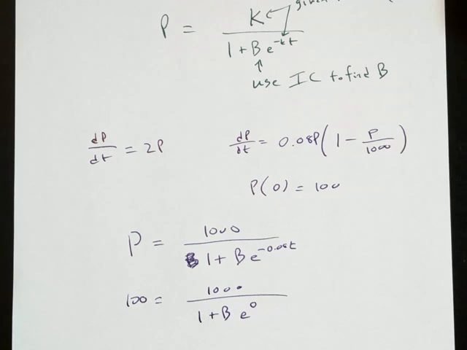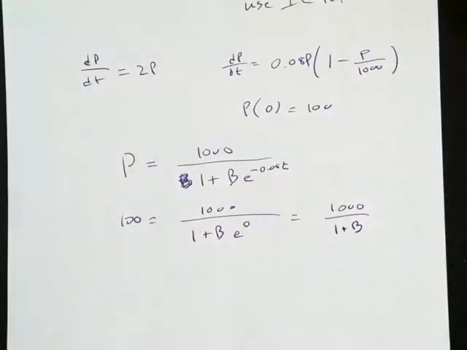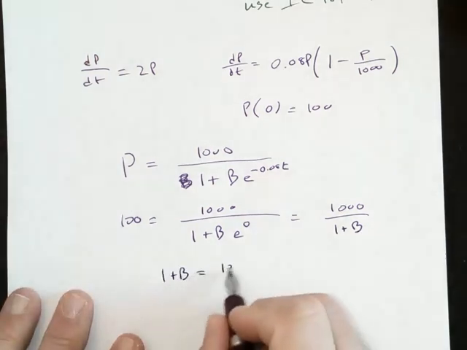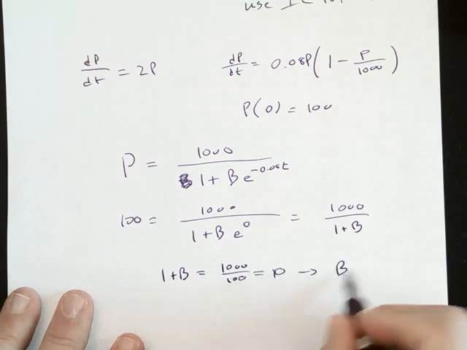So 100 is equal to 1,000 over 1 plus b. That means that 1 plus b equals 1,000 over 100, which is just 10, which means b is 9. So now I know exactly my population equation.